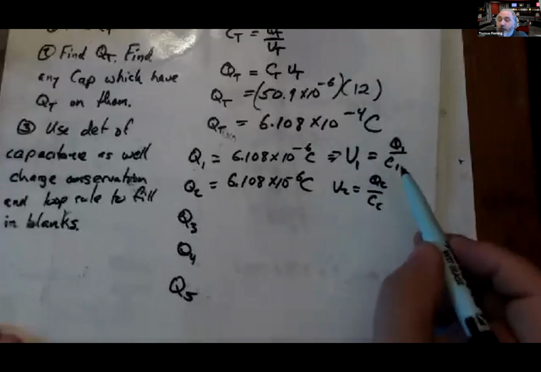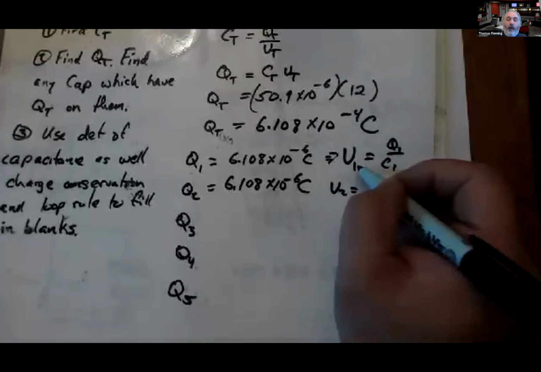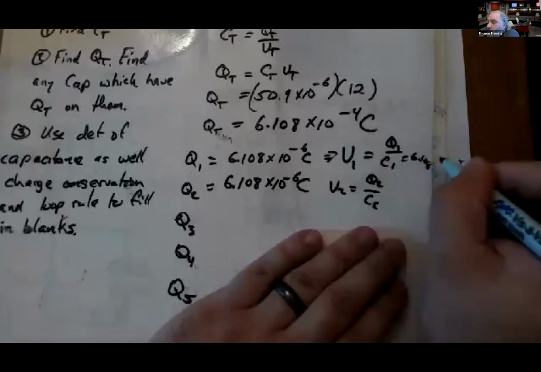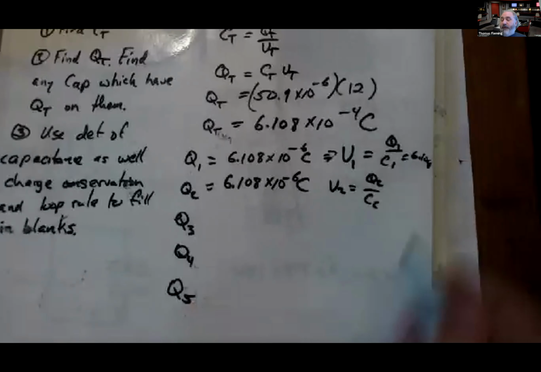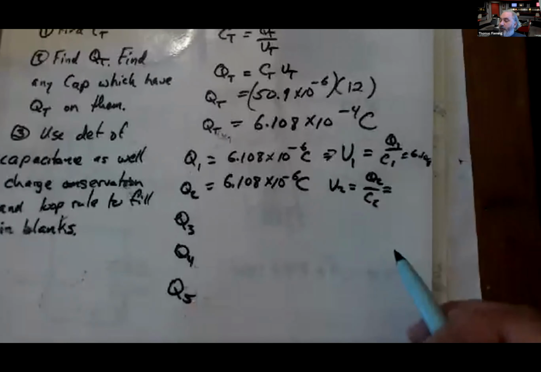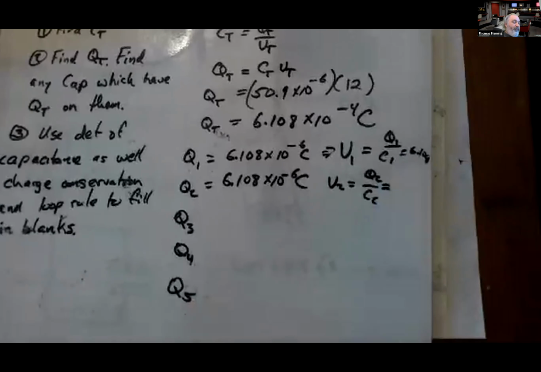C1 is 100 microfarads. So if I take that divided by 100 microfarads, I find that V1 is going to be 6.108 volts. Can't read that, I'm sorry, ran out of space. For V2, however, it'll be the same charge divided by 150 microfarads.